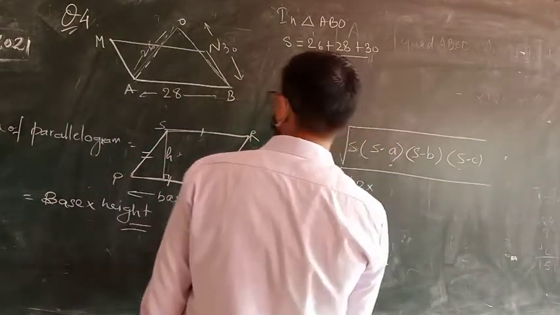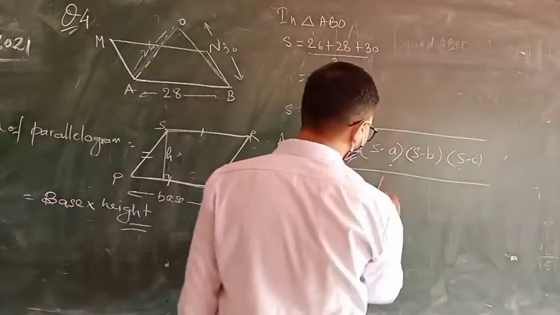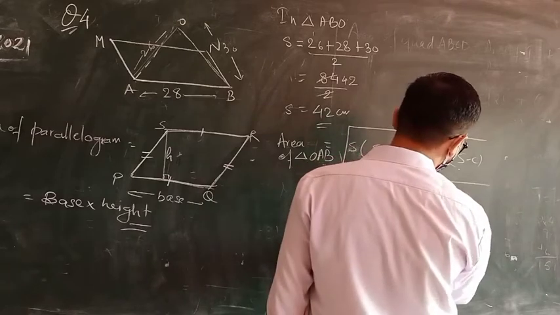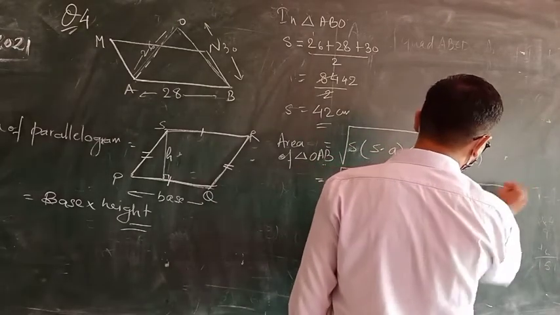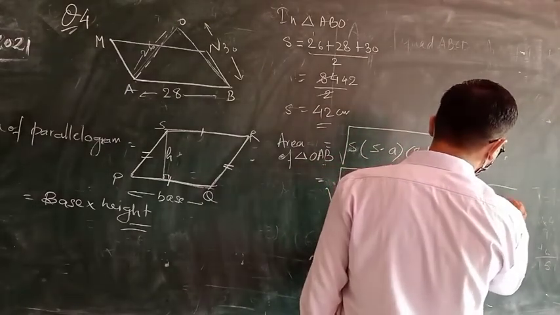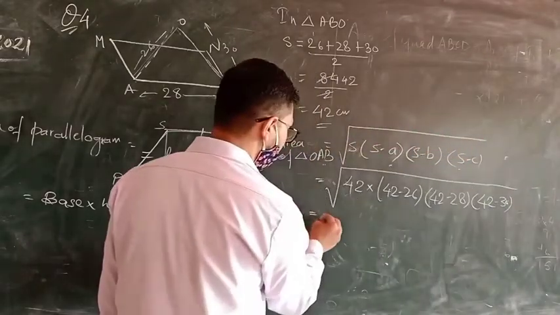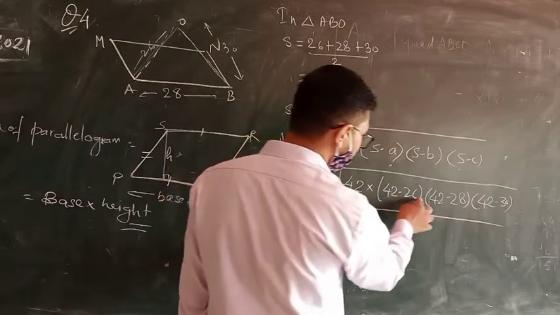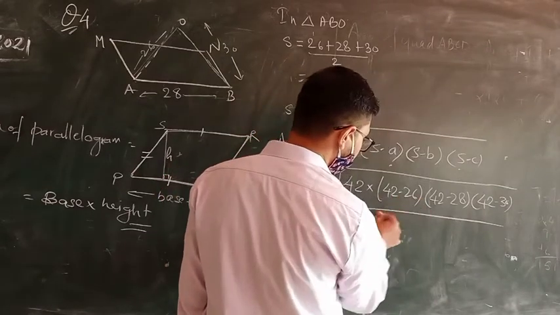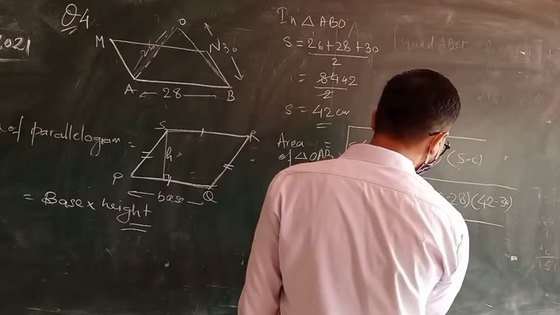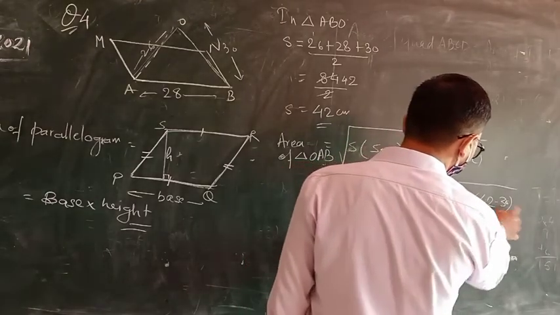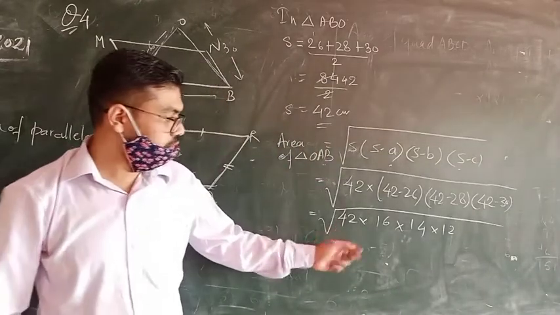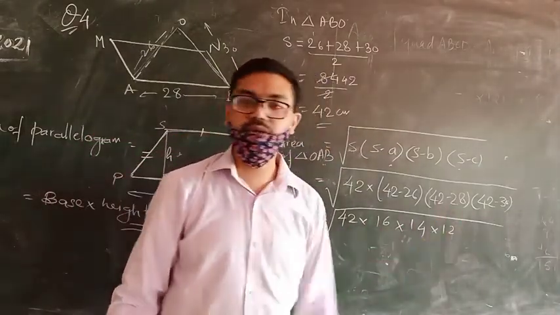So 42 minus 26, 42 minus 28 and 42 minus 30, correct. Now 42 minus 26 is 16, 42 minus 28 is 14, and 42 minus 30 is 12. Okay, you have 42, you have 16, you have 14 and you have 12, right?